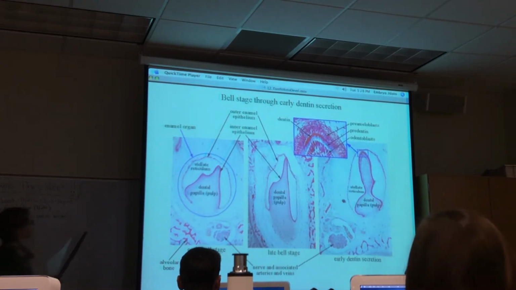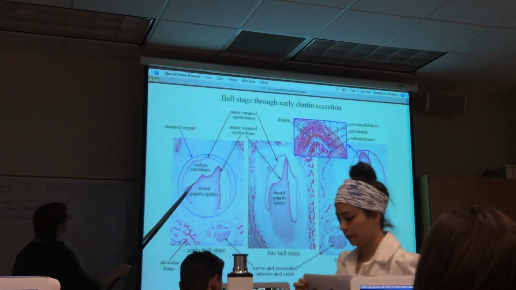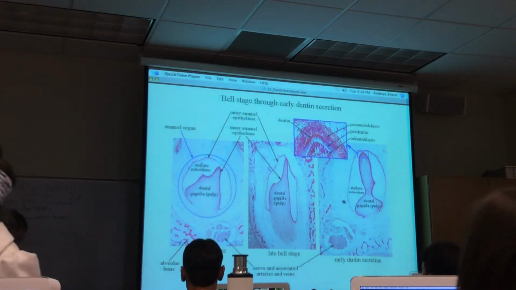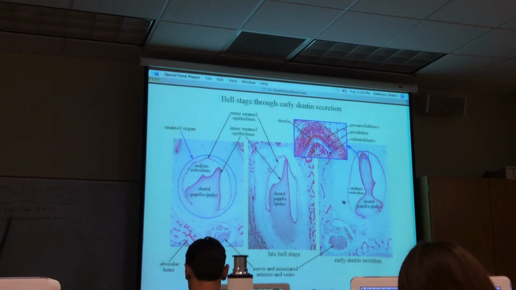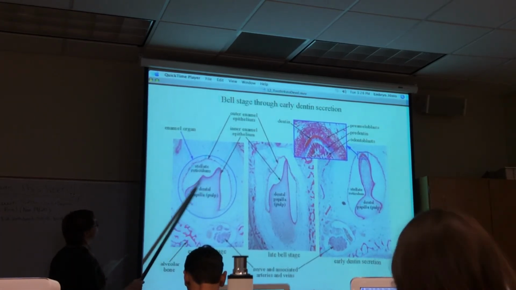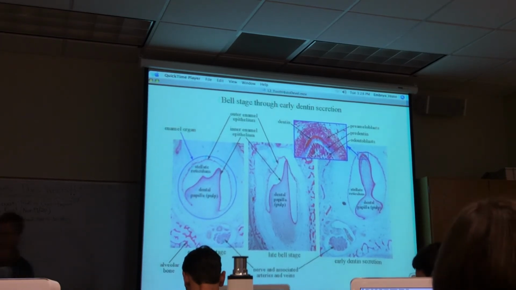And then one last thing, this stellate reticulum is just between the outer enamel layer and then the inner enamel layer of our teeth. The stellate reticulum is just that area in between the inner and outer sheaths, or inner and outer enamel epithelium.